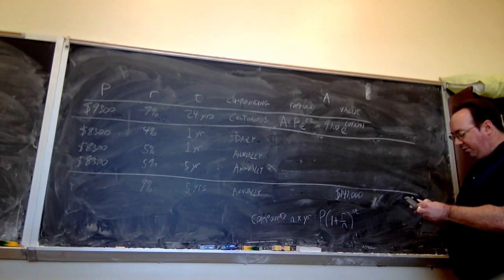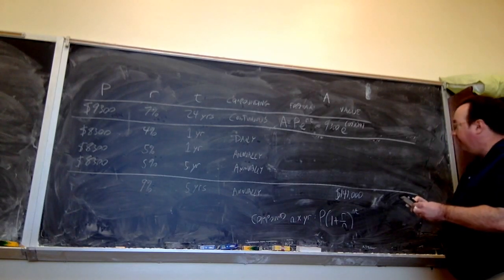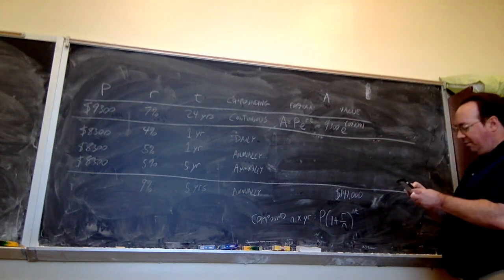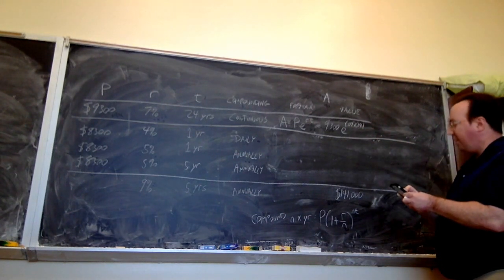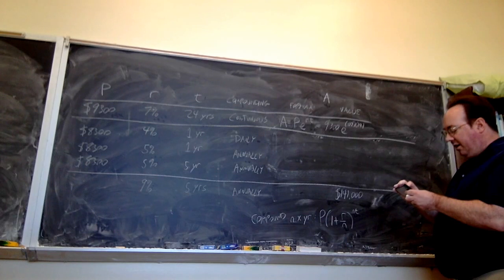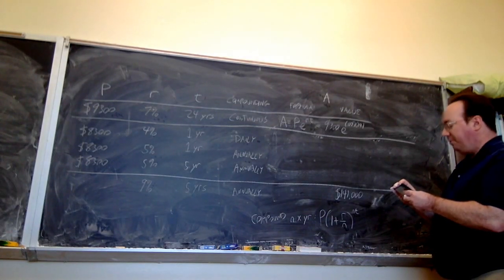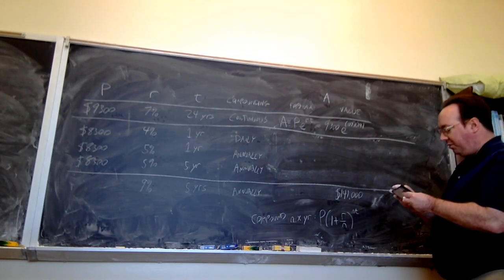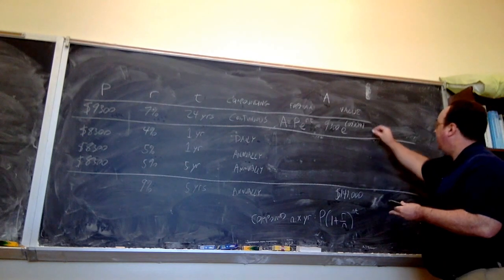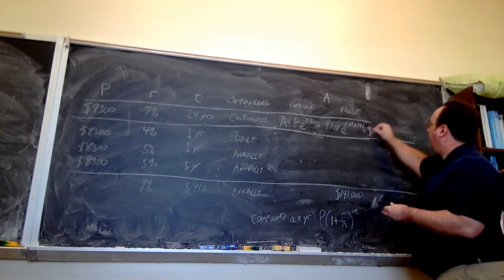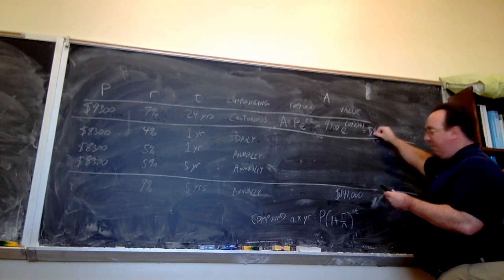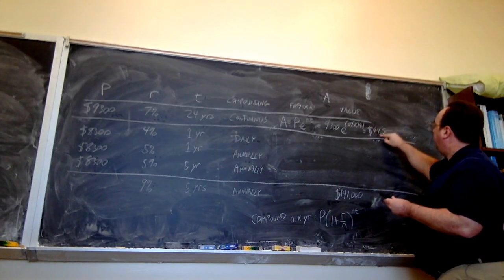So I have 0.07 times 24, so it's 1.68, and then plug it into e to the x, and you get 5.37, etc. Then you multiply that by your principal, 9,300, and what you get, rounded to the nearest cent, is $49,899.67.